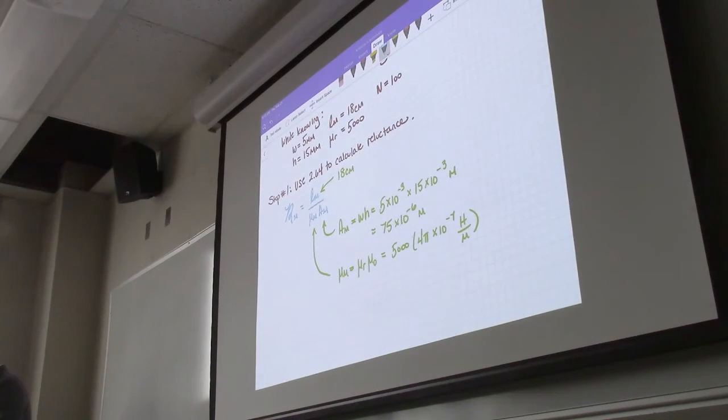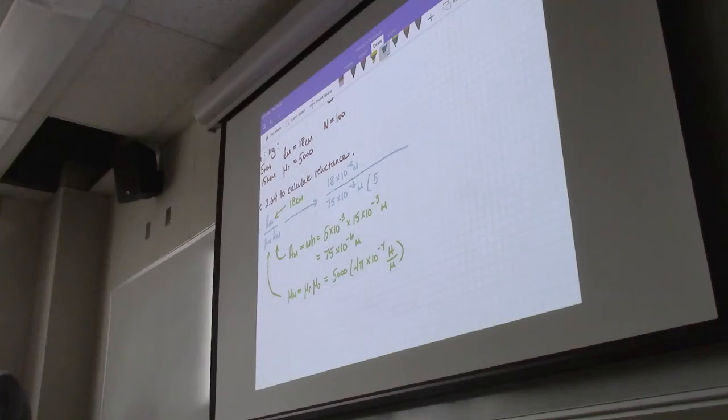Okay, and so when we combine those values together, it's important to keep your units straight. So we have 18 times 10 to the negative 2 meters over 75 times 10 to the negative 6 meters times 5,000 times 4 pi times 10 to the negative 7 henries per meter.